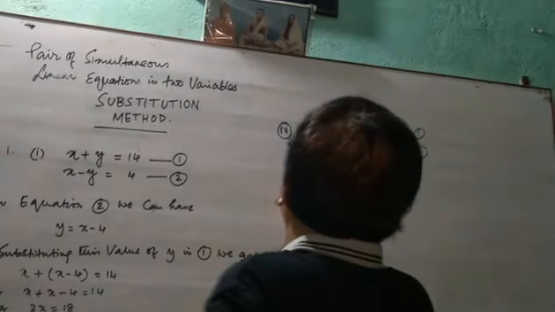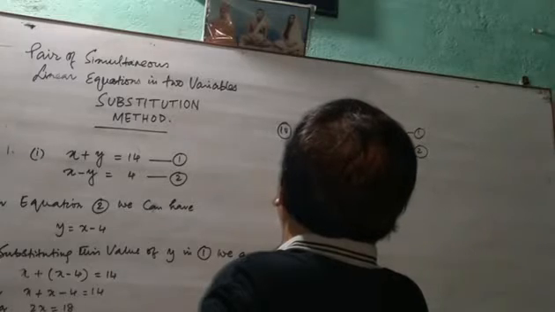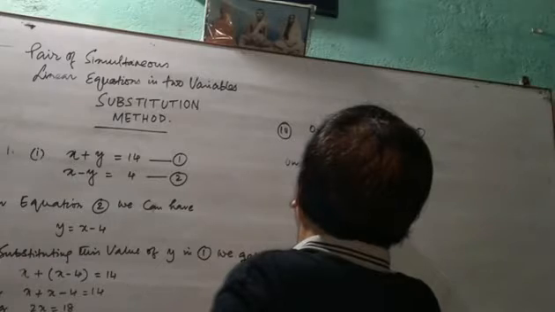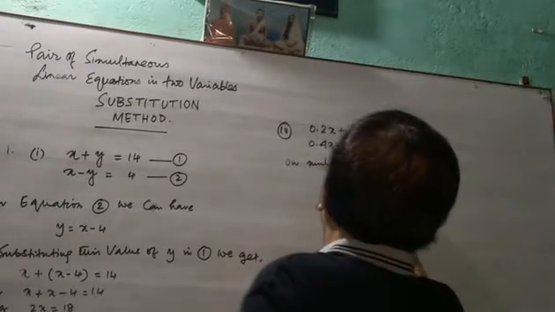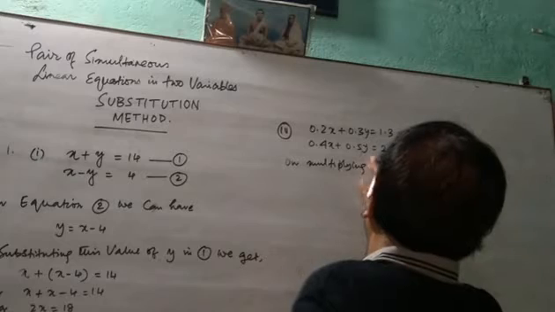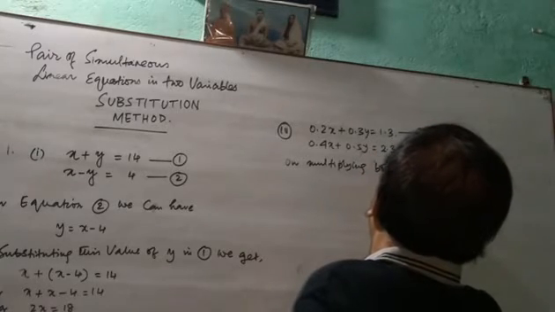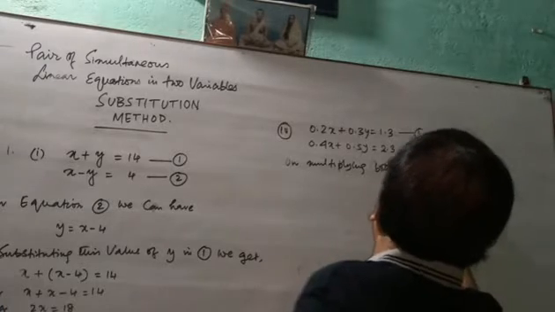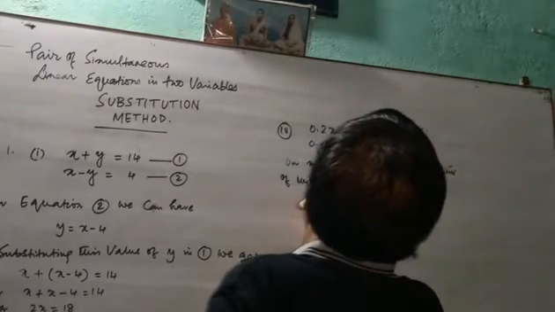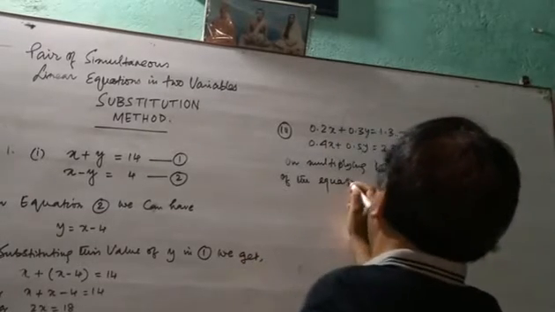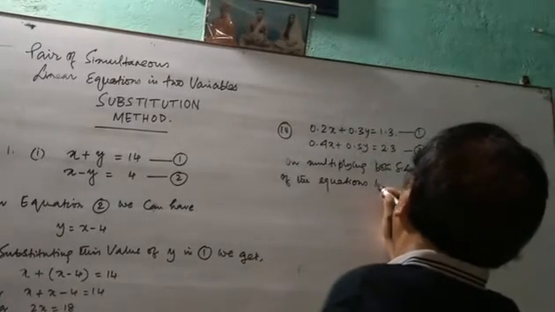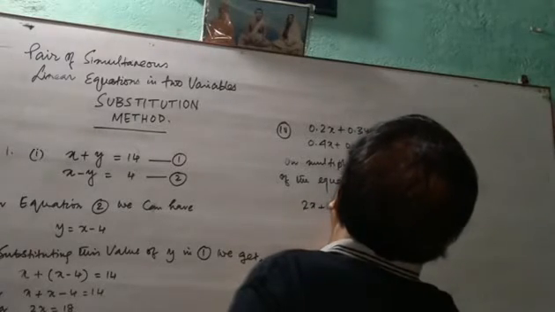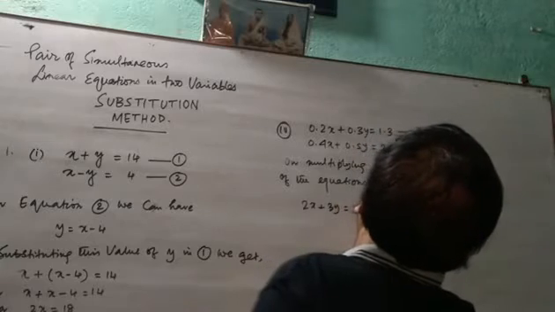So on multiplying both sides of either of the equations, we get 2x plus 3y equals 13.